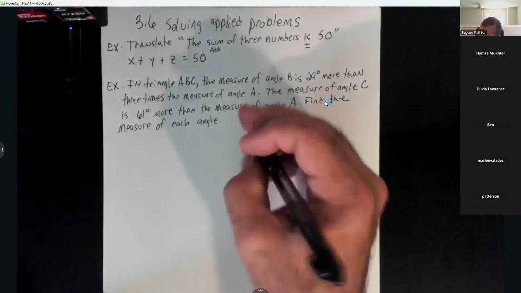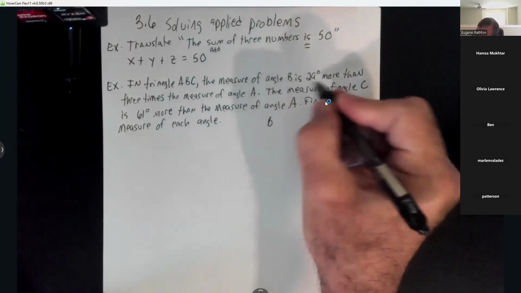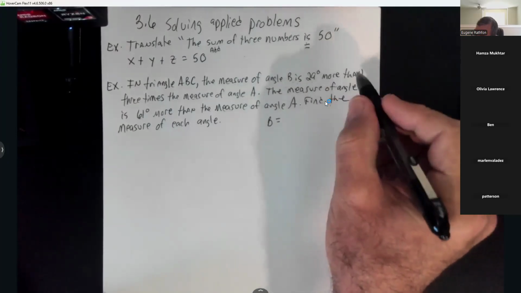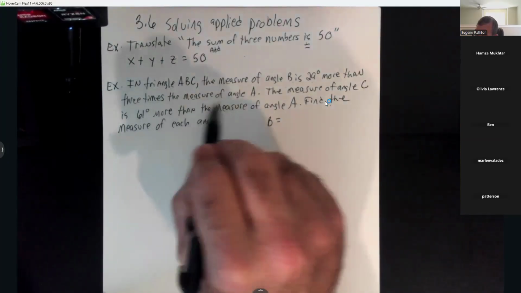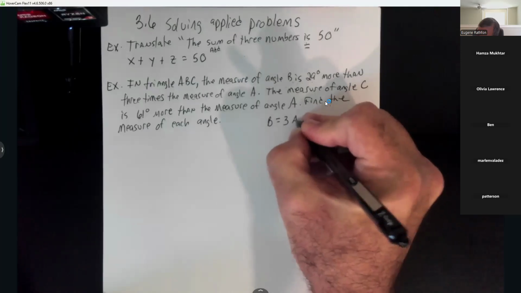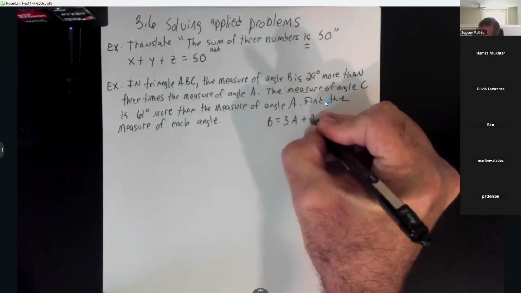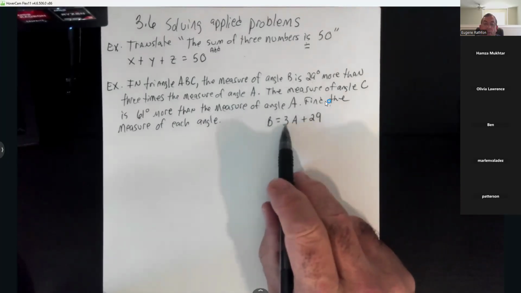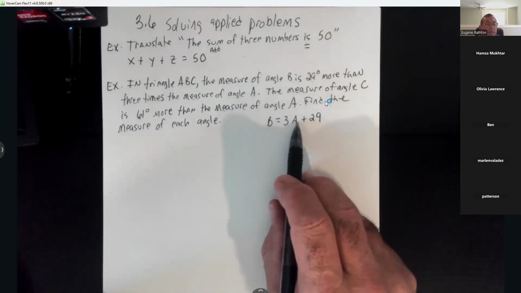Angle B is equal to 29 more than 3 times angle A. So that's going to be 3 times angle A plus 29.